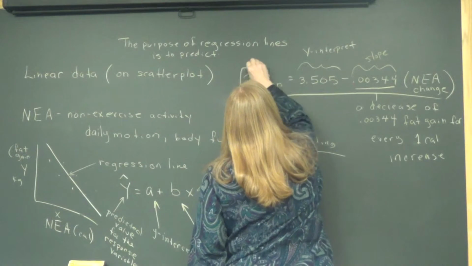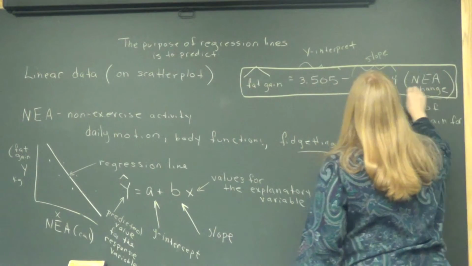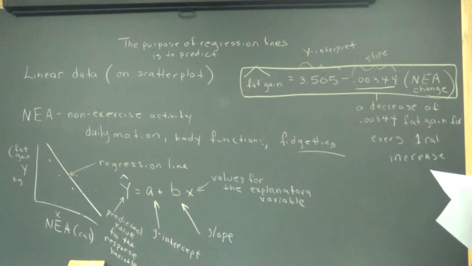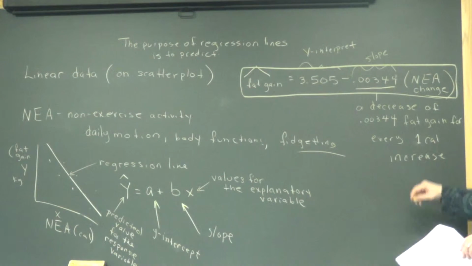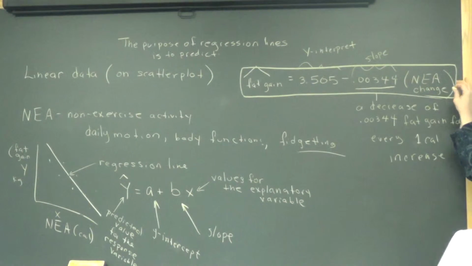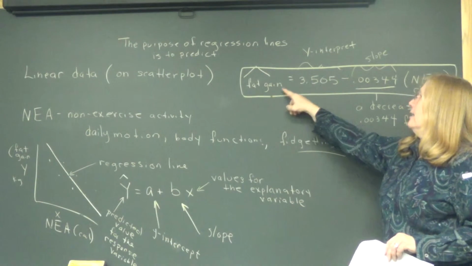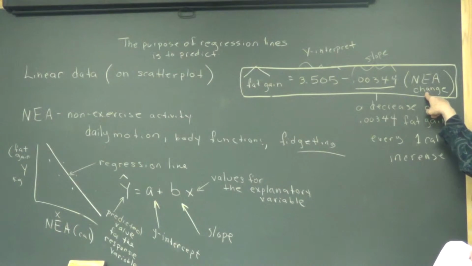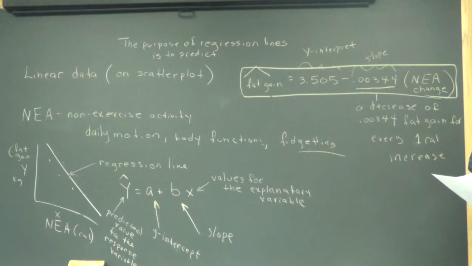So, Caleb, what would I do with the number 400 in this equation to find the exact number? Gain equals this minus this times change in NEA. And I'm looking at a change in NEA of positive 400.